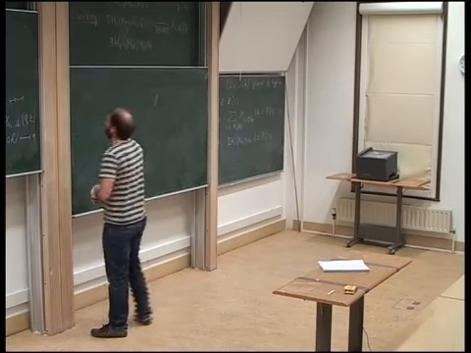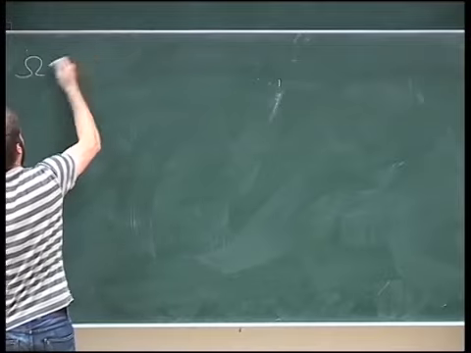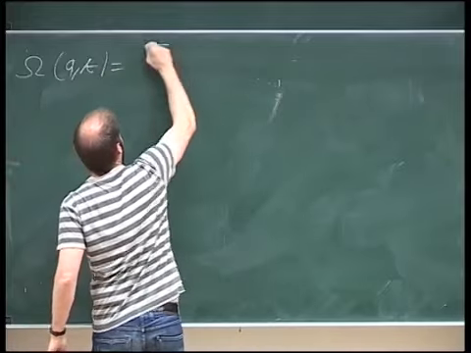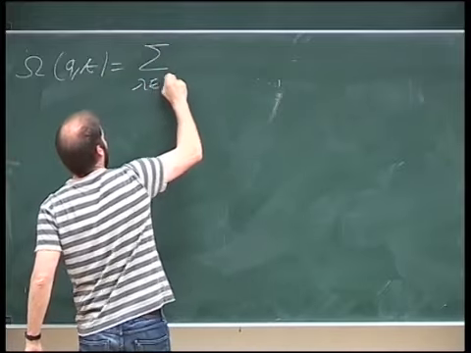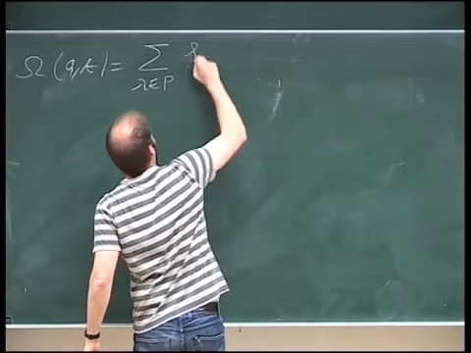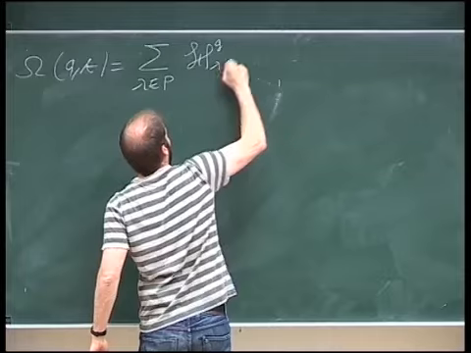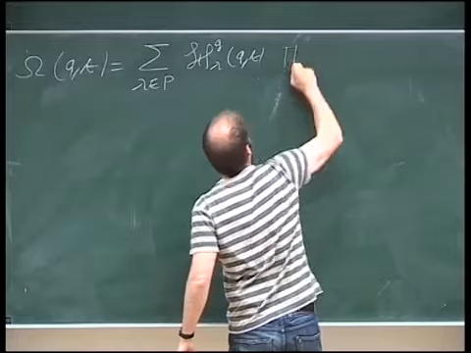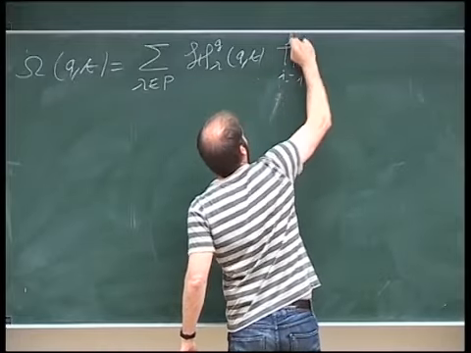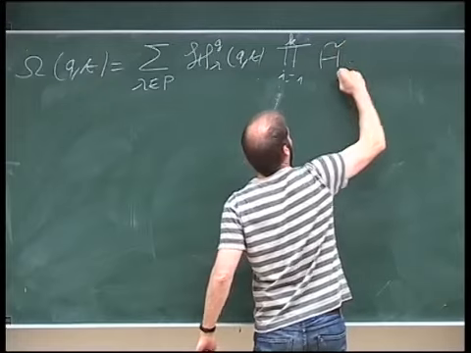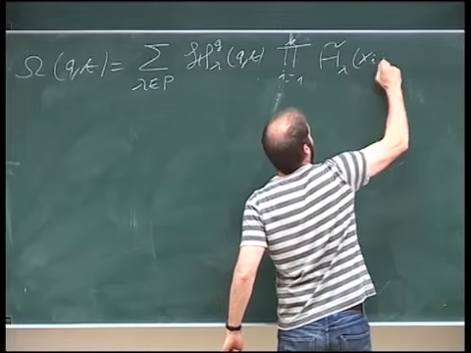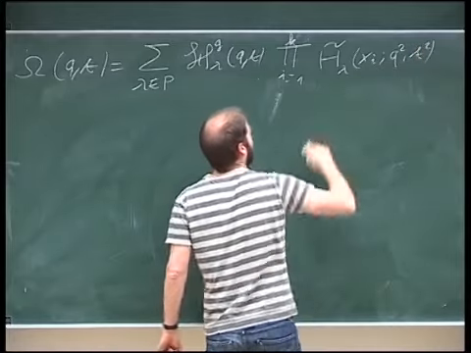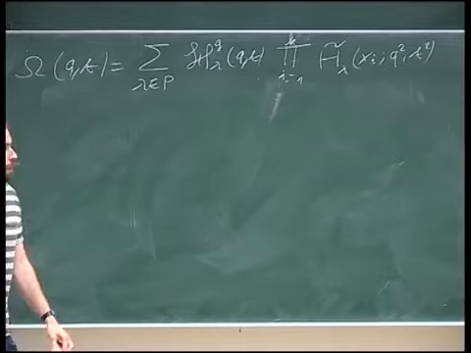Then we define this omega qt, where you take the sum over all partitions lambda of some H g lambda qt, so the genus appears here precisely, and then you take the product of all these symmetric functions, q squared, t squared. These are the modified transformed version of the Macdonald polynomials.